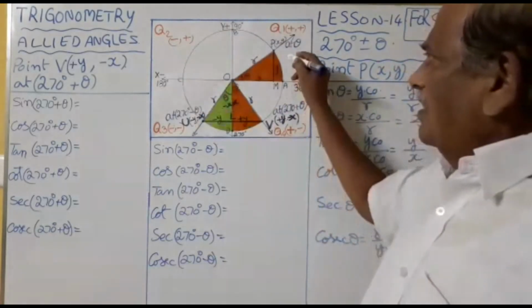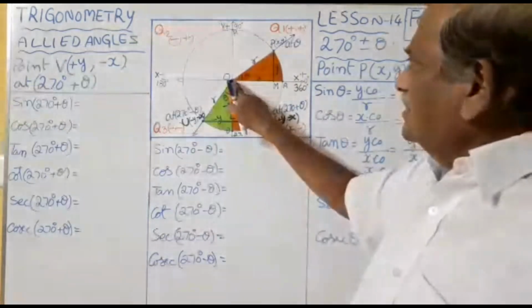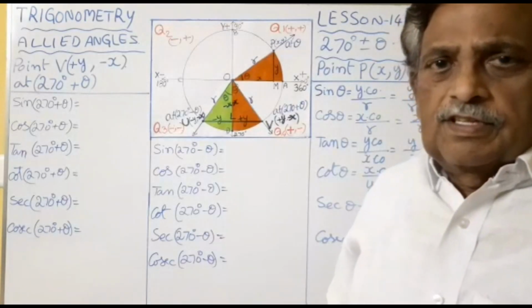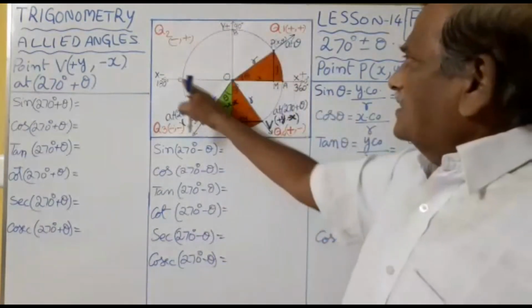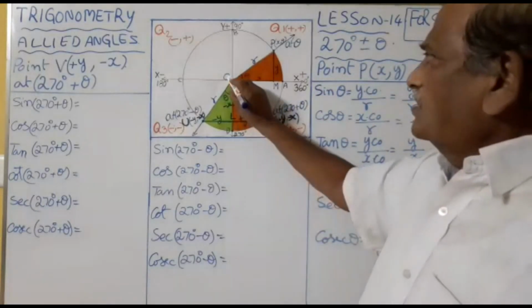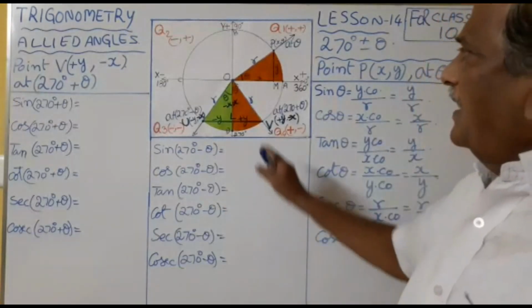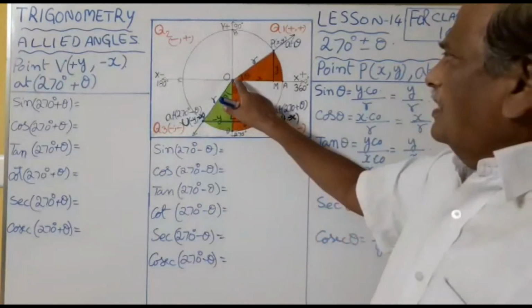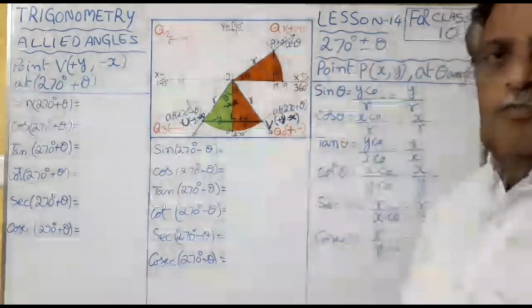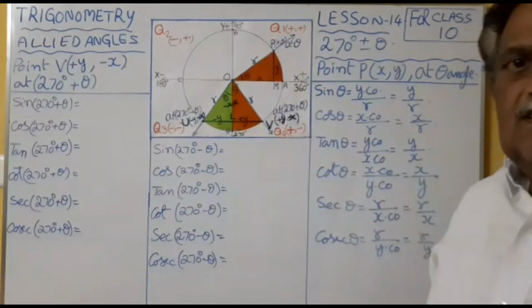Consider a circle of radius r units whose center is the origin of the coordinate axis. Let the center be O. Now, consider a sector of this circle whose radius is r units.